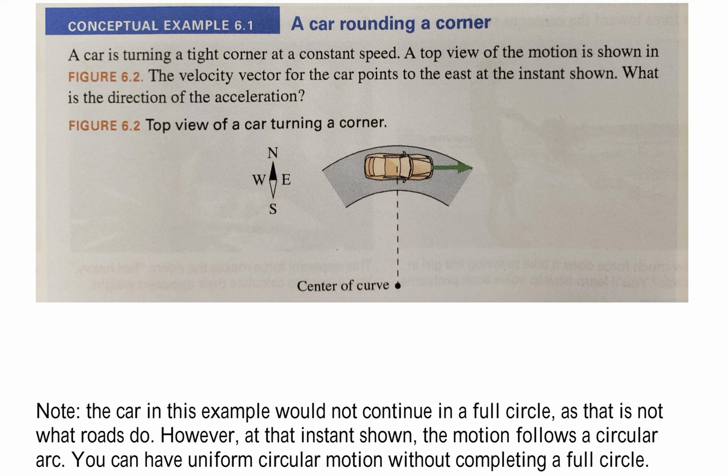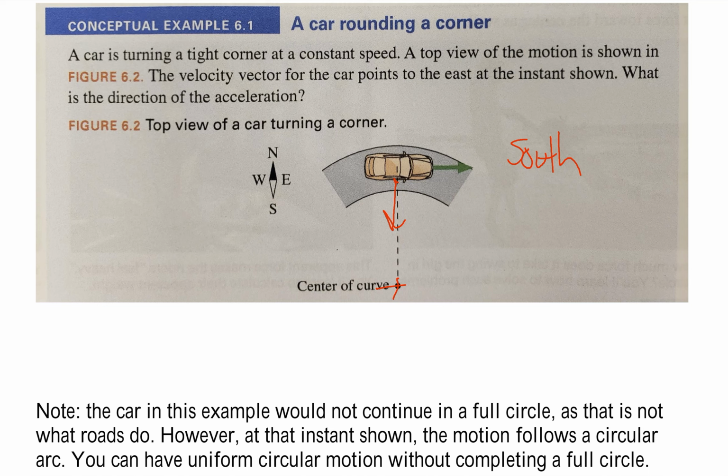North is pointing up in our picture. East is to the right. So what is the direction of the acceleration? The acceleration would always be toward the center of the curve. The center of the curve is sitting right here. So the acceleration would be pointed south, that would be the answer.